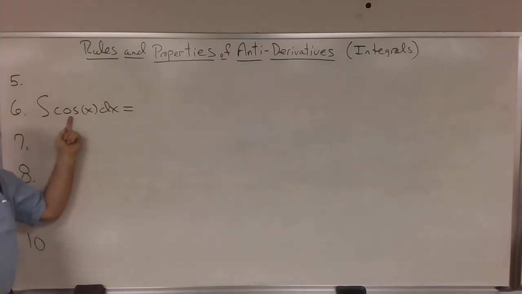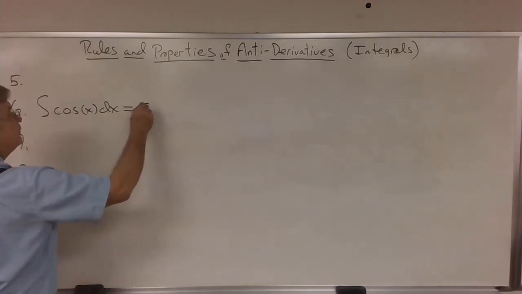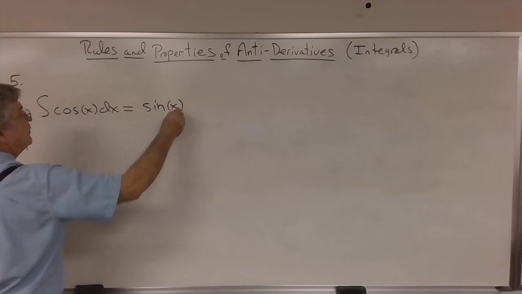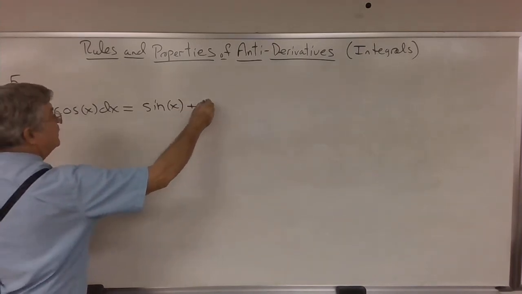And we say sine of x. Sine of x is the function that we compute the derivative of to get cosine of x. So that means the antiderivative of cosine of x is sine of x plus some constant.